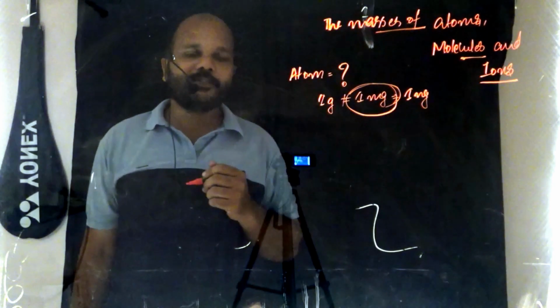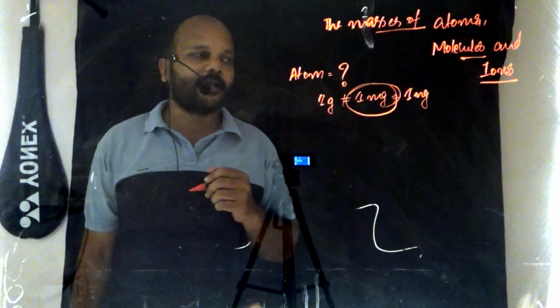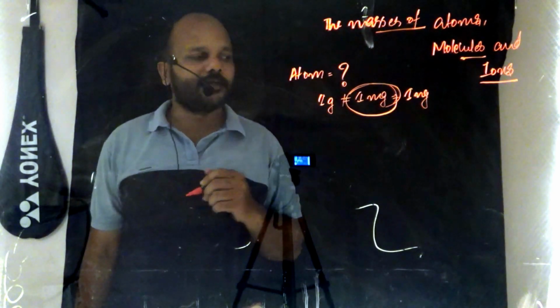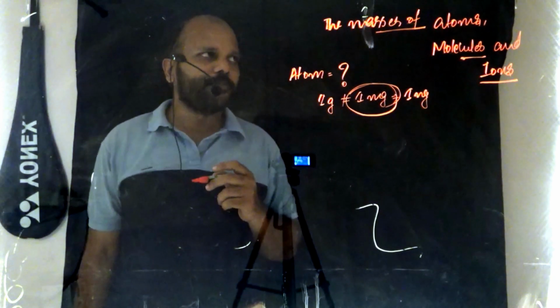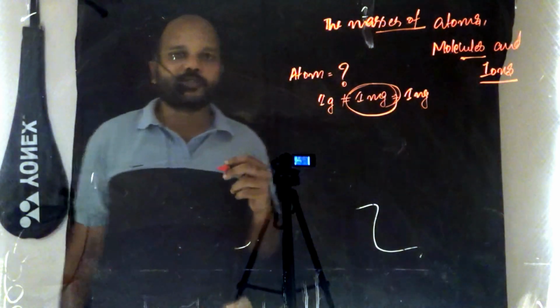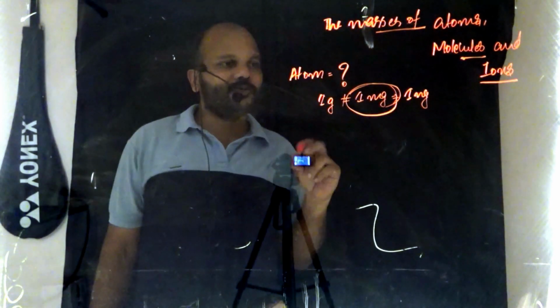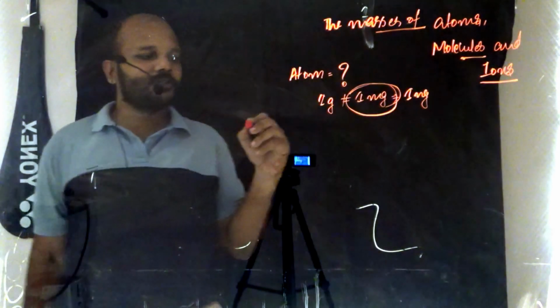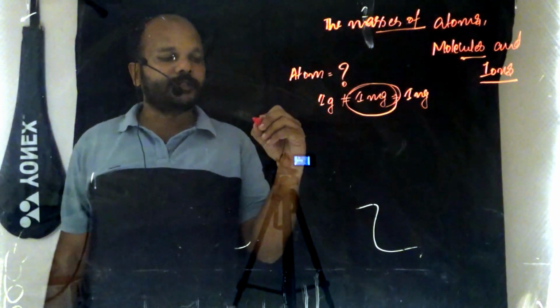Of course, nowadays there are many sophisticated techniques, like scanning tunneling microscopy, using which we can measure the mass of an atom. Now it is possible, but once upon a time, it was not a possibility, right? So, in order to measure the mass of an atom, what is the requirement?